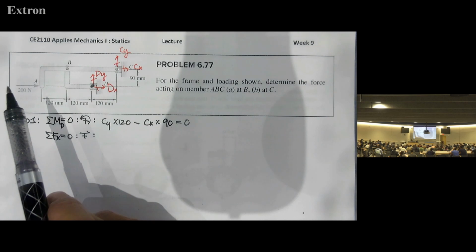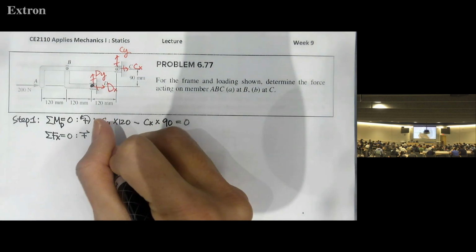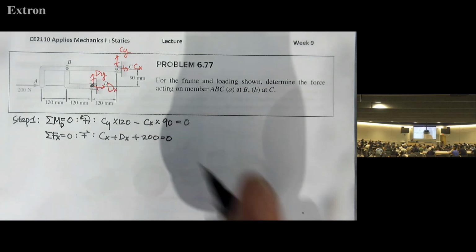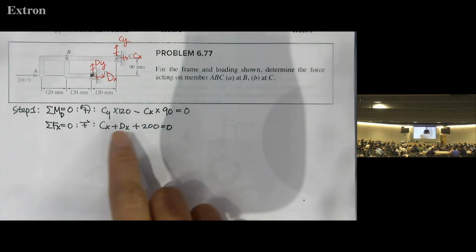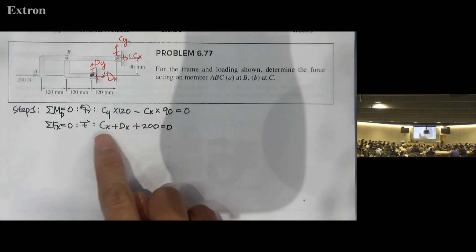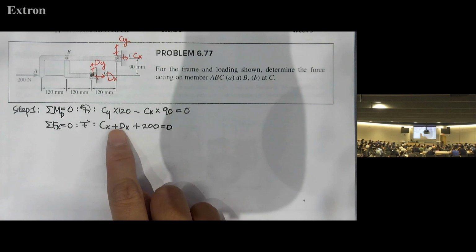Dx, right? 200, right? So if you see something like this, to make this equation satisfied, some of these must be negative, right? So that's what you need to think about, okay?